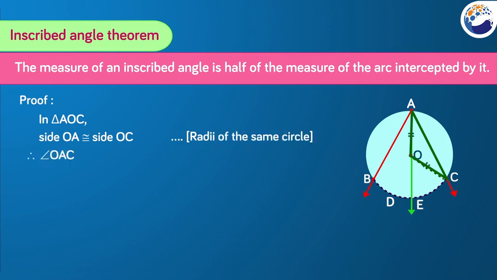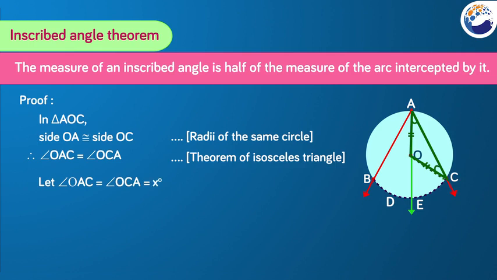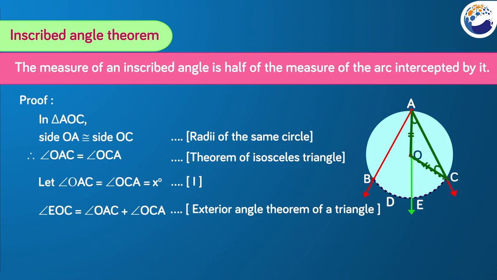Therefore, angle OAC is equal to angle OCA by the isosceles triangle theorem. Let angle OAC equal angle OCA equal x degrees. Equation 1. Angle EOC is equal to angle OAC plus angle OCA, by the exterior angle theorem of a triangle, which is x degrees plus x degrees, equal to 2x degrees.